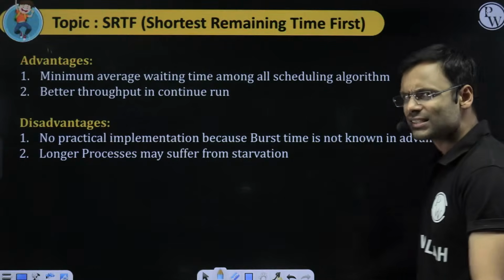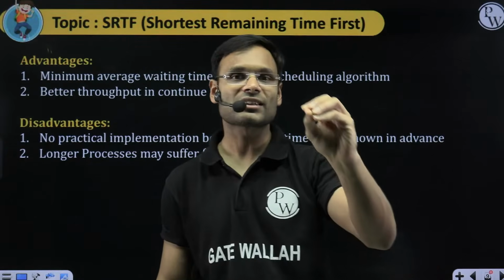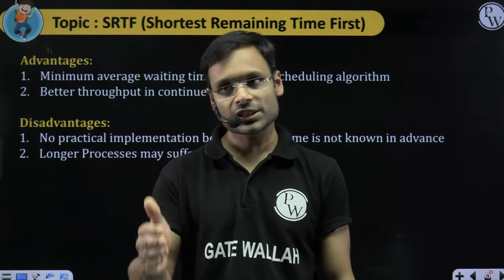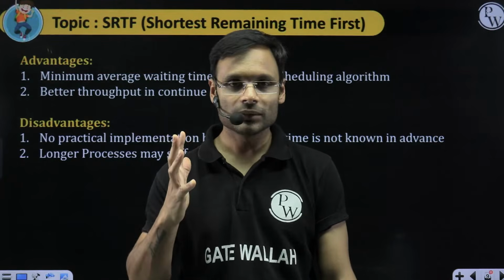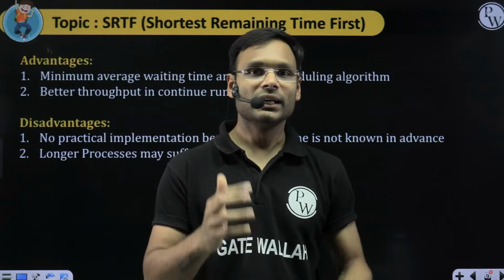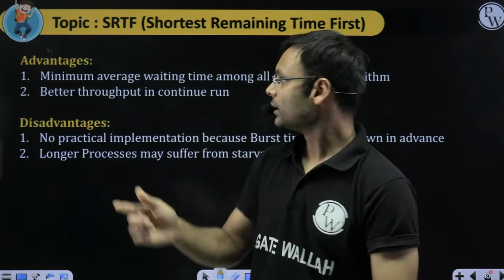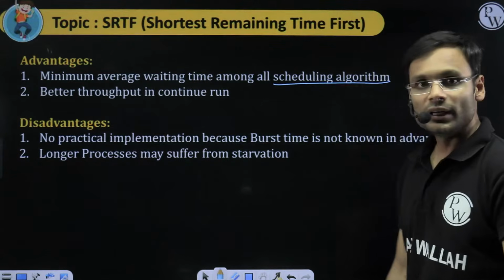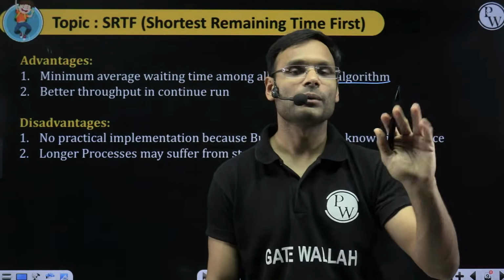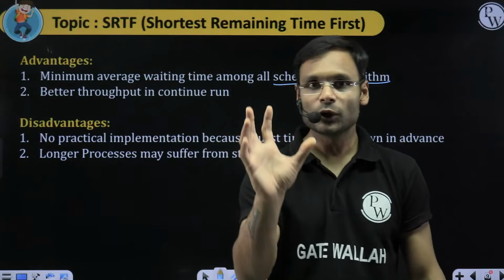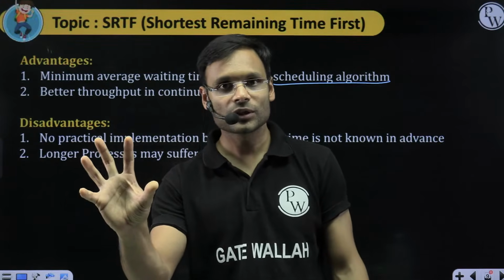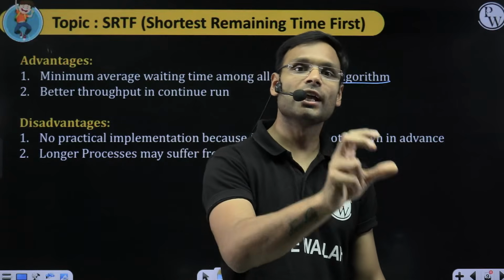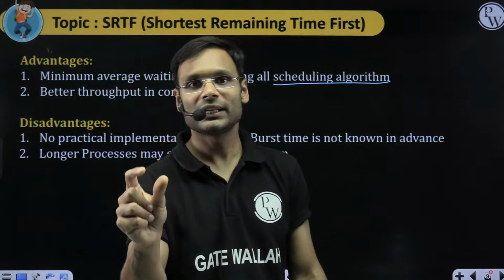SRTF has exactly the same characteristics as SJF, with 2 differences. First, it is a preemptive type algorithm. And second, it provides the minimum average waiting time among all scheduling algorithms, including preemptive and non-preemptive both. If you include only non-preemptive algorithms, which algorithm will provide minimum average waiting time?